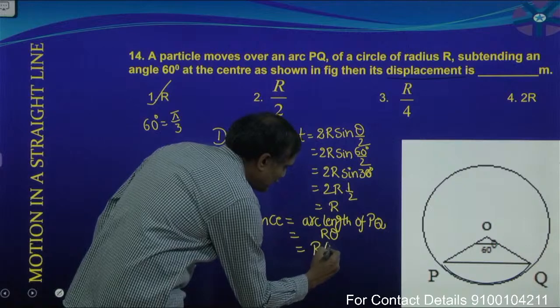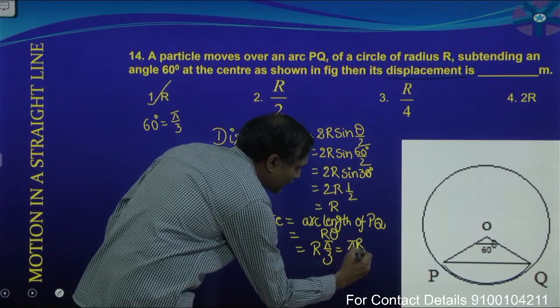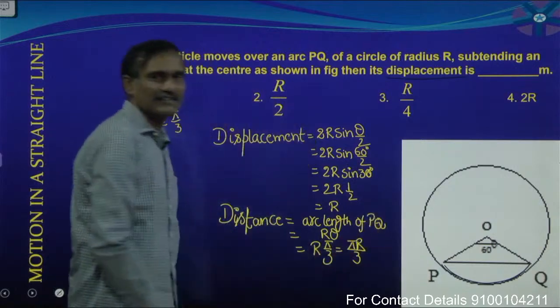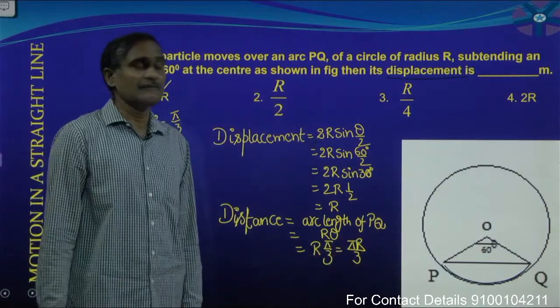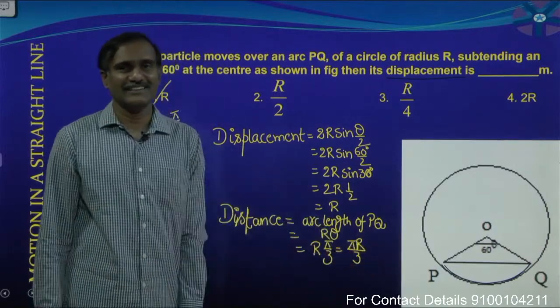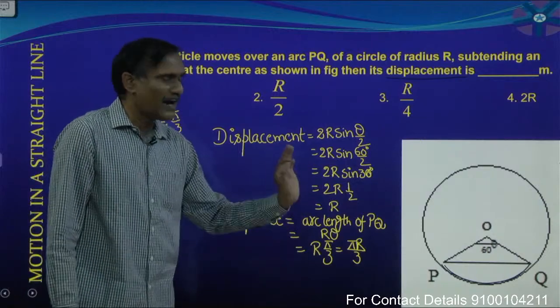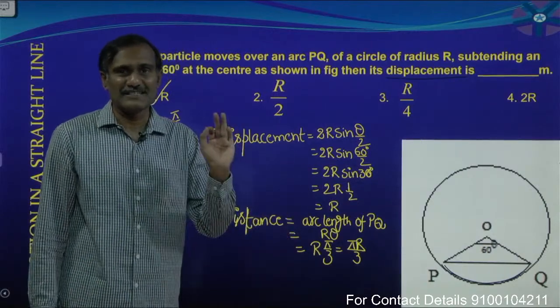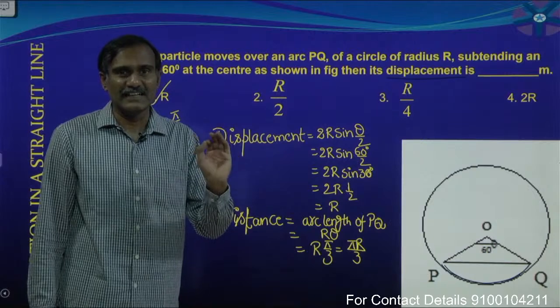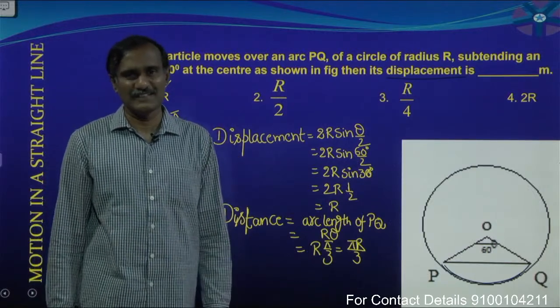So it becomes pi by 3, that is pi r divided by 3. That is, distance is equal to pi r by 3. Remember that in the formula r into theta, you must substitute theta in terms of radians.